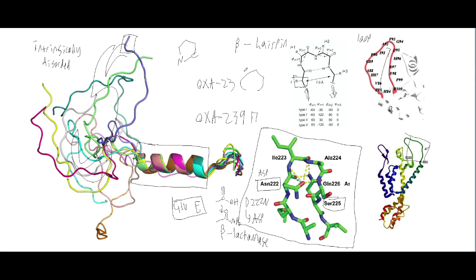And so the loop structure had the proline kind of over here, which kind of prevented this part from making this nice sort of hairpin turn.